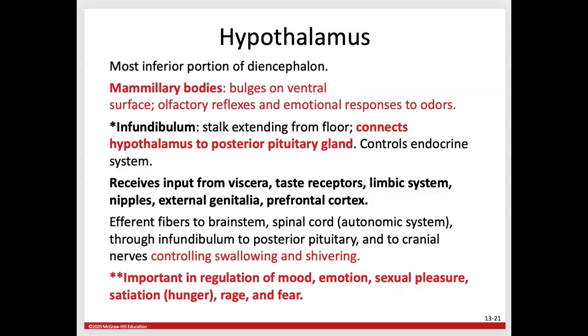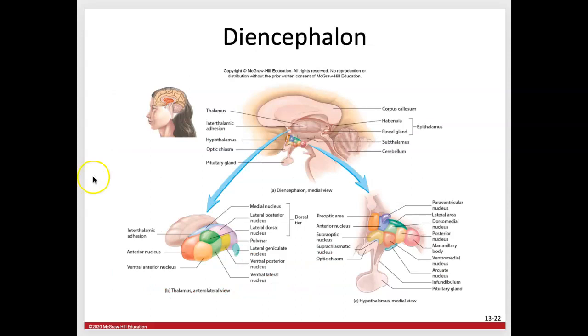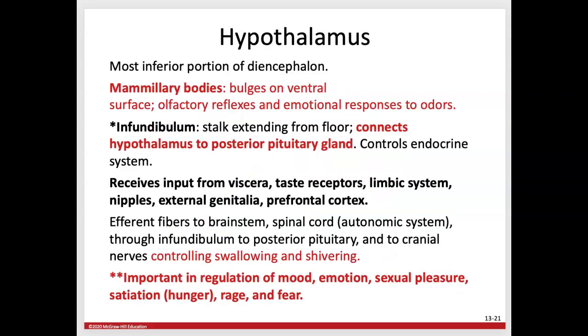is the most inferior portion of the diencephalon. When you're looking at the brain, it kind of, let me just pop over here to this picture. It kind of looked like, to me, this looks like a seahorse, looks like the top of a seahorse, and this looks like the head and the nose. The hypothalamus is actually this area here, which would be the nose.